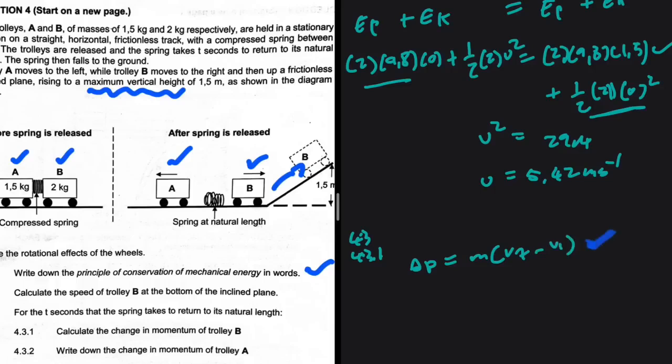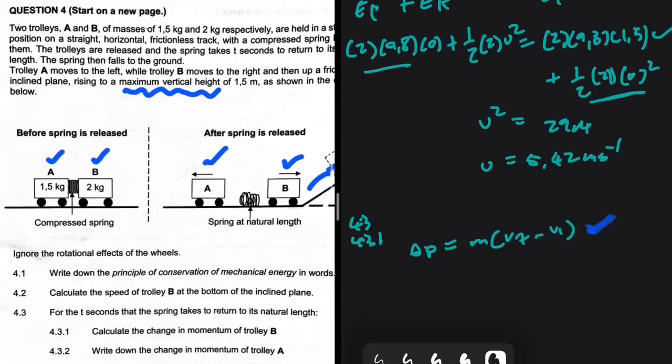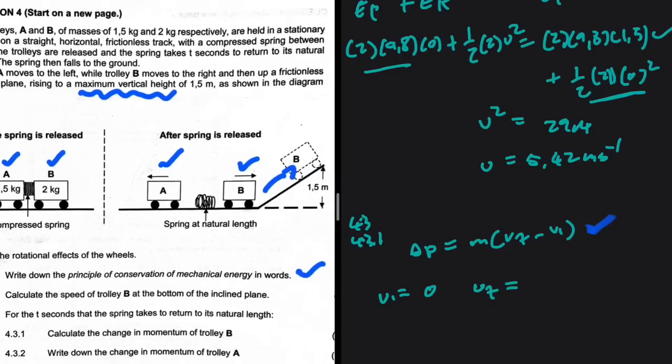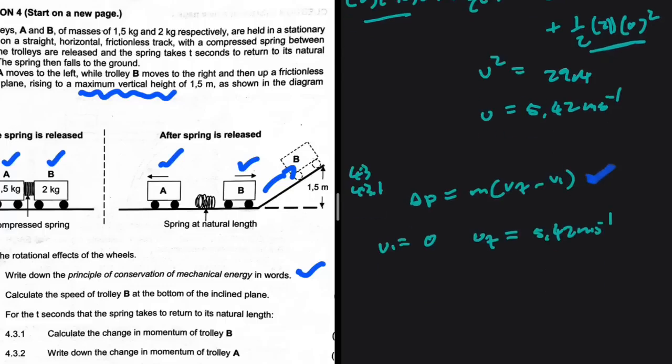Before the spring is released, the initial velocity of both trolleys A and B is 0. After the spring is released and it is at its full length, B is climbing up the incline with a velocity of 5.42 meters per second, up the incline to the right.